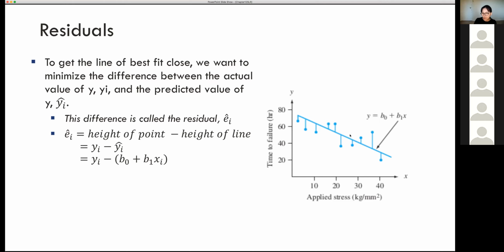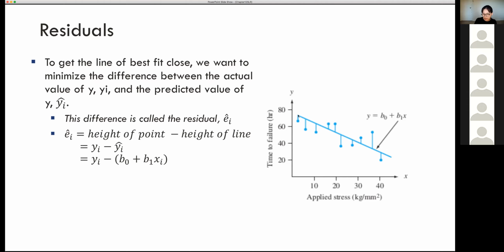This blue line is the best fit regression line, B0 plus B1 times X. Before that, let's define the residual: this difference, or distance, between the actual value of y, yi, and the predicted value, the fitted value of yi, which is yi hat.